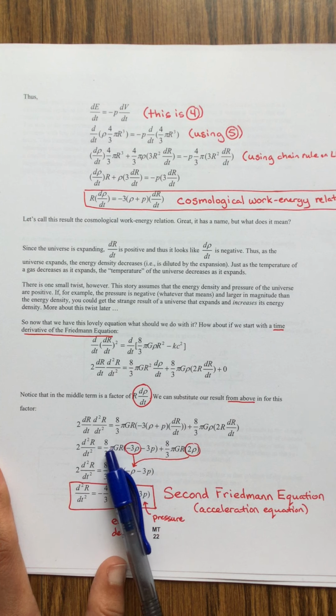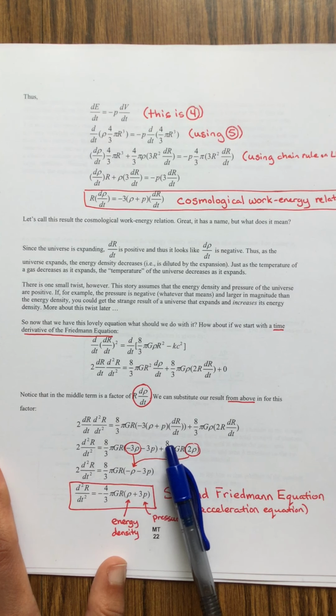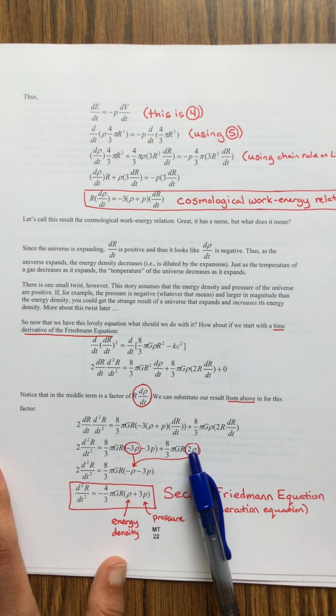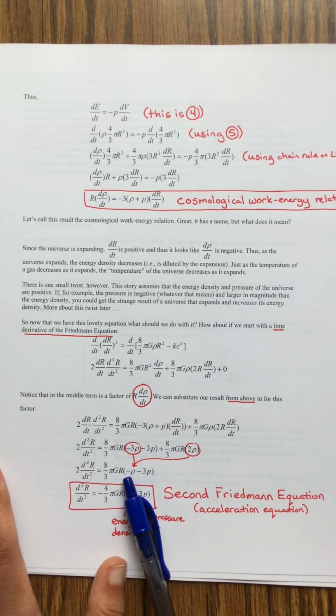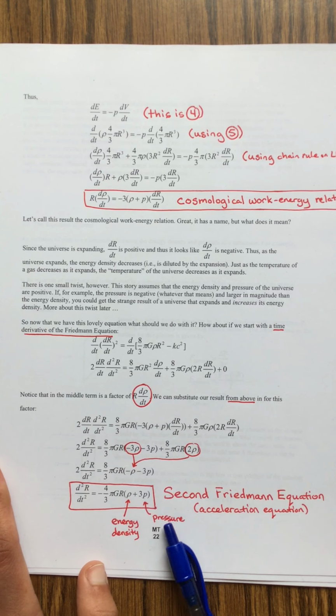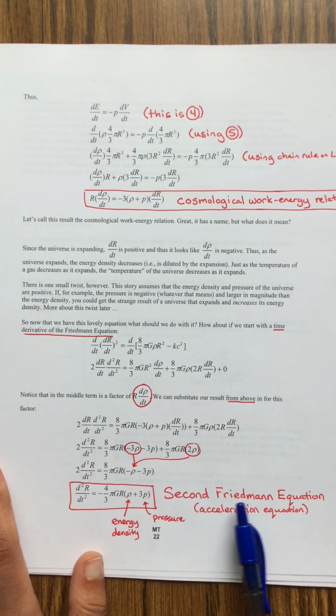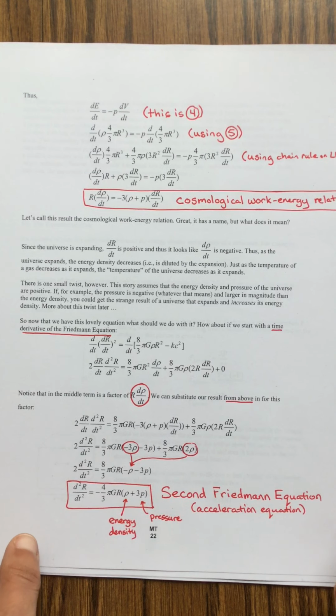We have an 8/3 pi G r negative 3 times rho here, and 8/3 pi G r 2 times rho here, so that gives us 8/3 pi G r negative rho. And then we have this minus 3 times p here. P is the pressure, rho is the energy density. Make sure you keep those straight. This is the second Friedmann equation, or the acceleration equation.